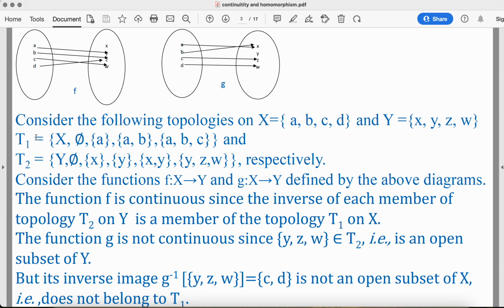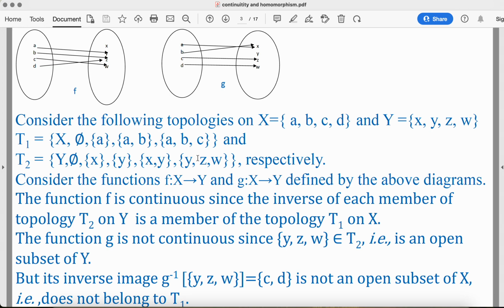T1 is a topology on X and T2 is a topology on Y. T1 consists of X, the empty set φ, the singleton set {a}, the set {a, b}, and the set {a, b, c}, and T2 consists of Y, the empty set φ, the singleton set {x}, the singleton set {y}, the set {x, y}, and the set {y, z, w}.